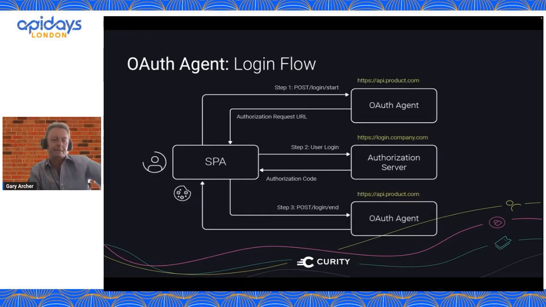So to see how this works, let's have a look at how the login flow works. When the single page app wants to sign the user in, it makes a simple AJAX request to the login start endpoint, and it gets back an authorization request URL.